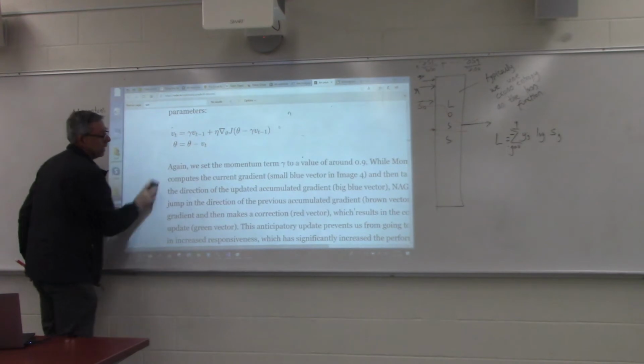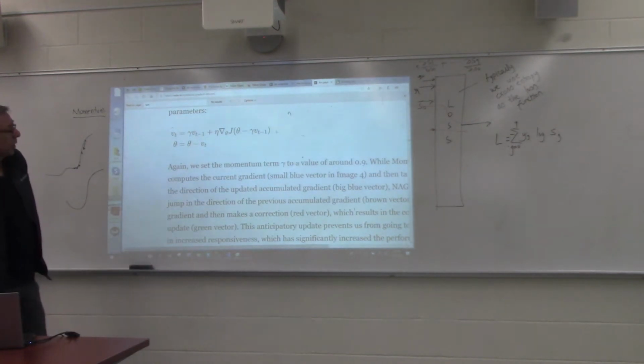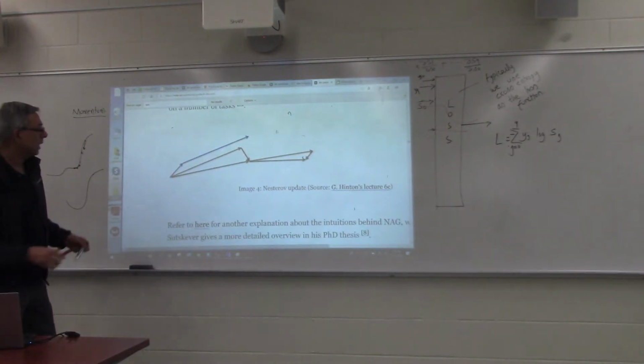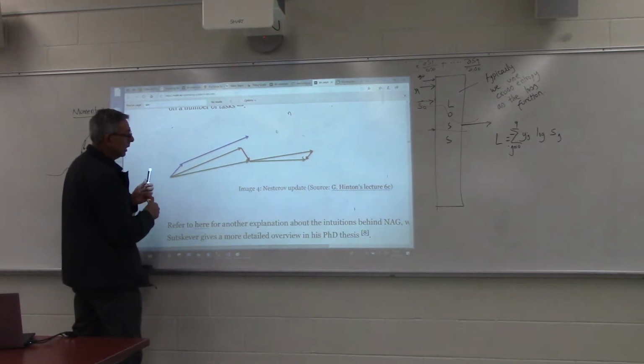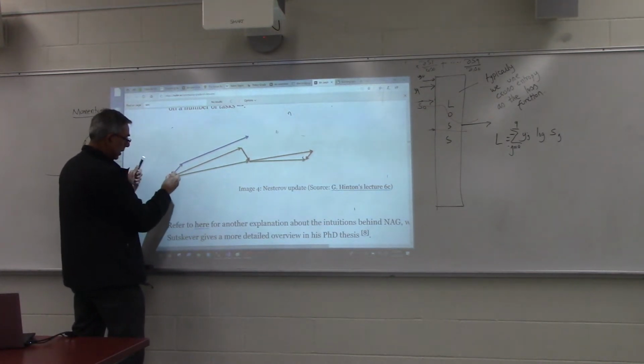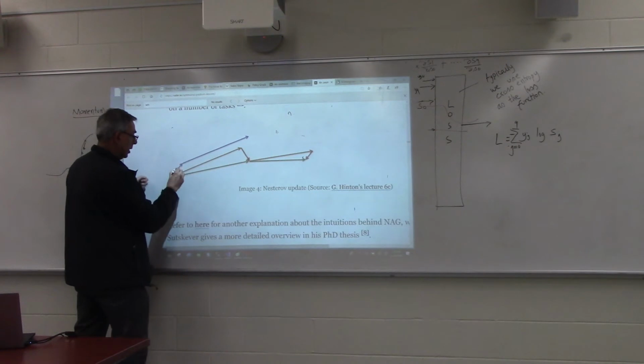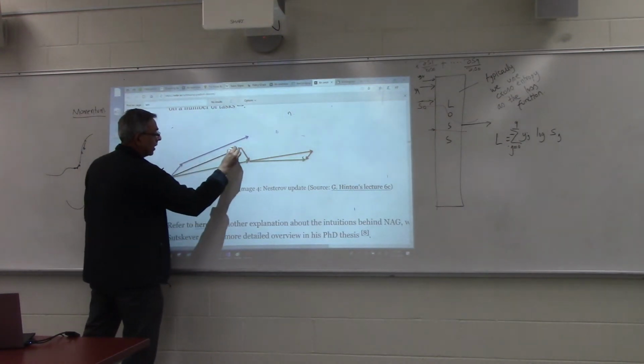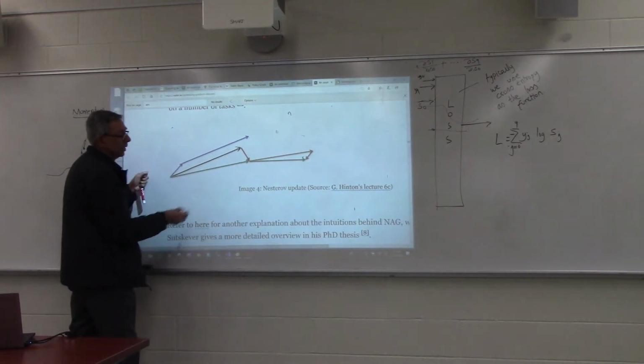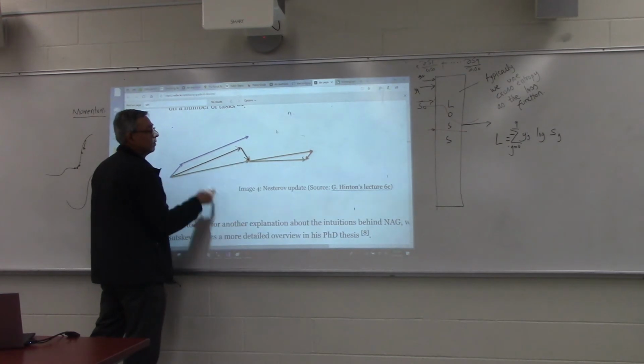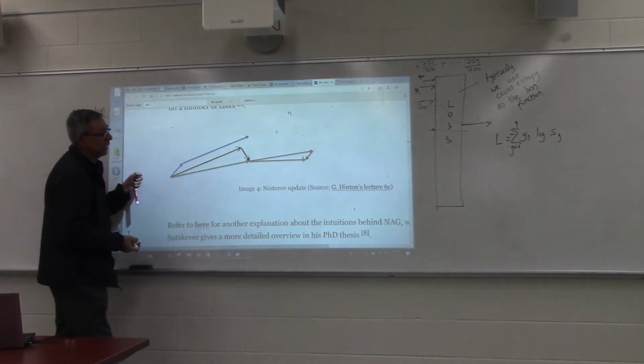And pictorially, the author also shows a picture. Take a look over here. Let's say this is the current gradient, and this is the future gradient.